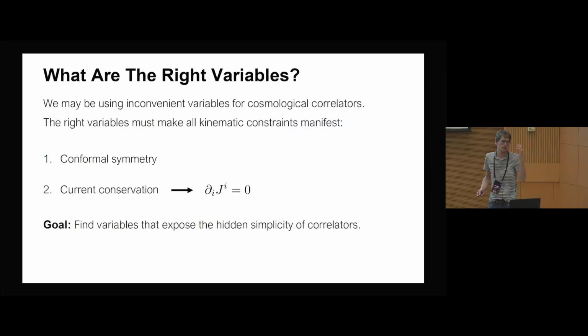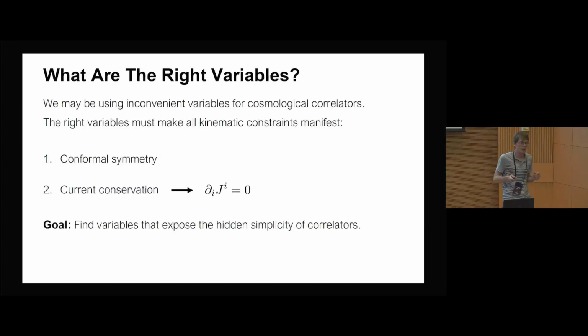Taking this as inspiration, maybe the reason why cosmological correlators of massless and spinning fields like gluons or gravitons are so complicated is that we are probably using inconvenient variables for them. So what are the right variables that we need to use? We'll take the approach that the right variables must make all kinematic constraints of these cosmological correlators manifest.